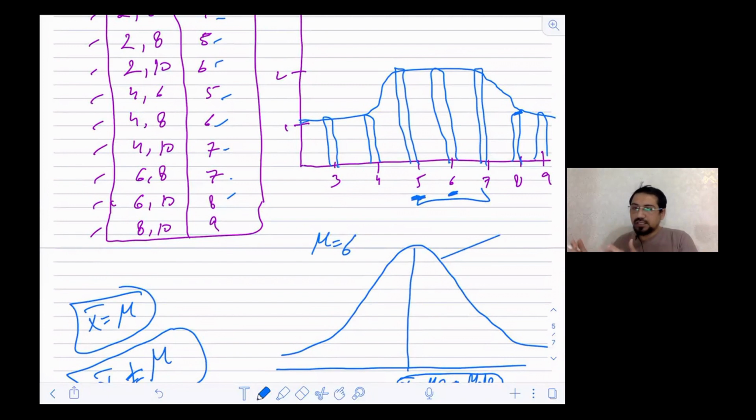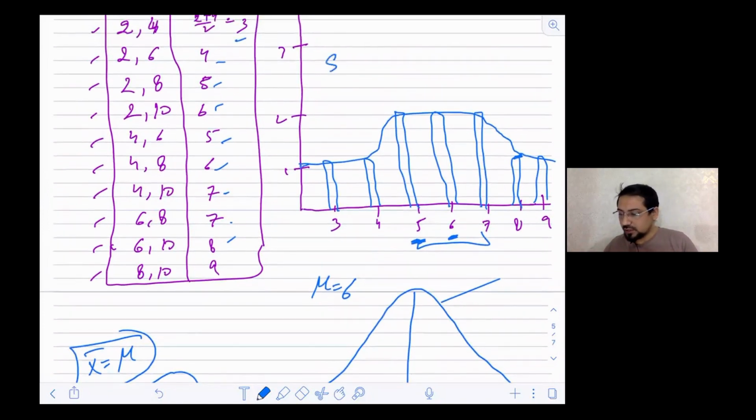And in future videos, I will discuss two more concepts called skewness and kurtosis. We will have a separate video so that we can practically apply the concept of kurtosis and skewness.